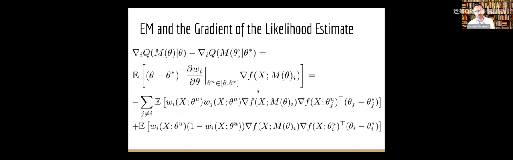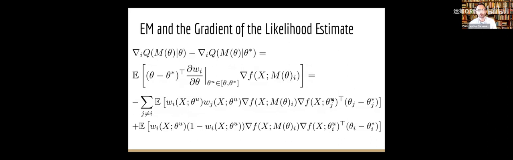Again, a lot of notation here, but all I want to point out is, if we write out what the gradient of the Q function at theta and theta star looks like, then we see that we basically have these two gradients of f at the M step at model i and at model j.